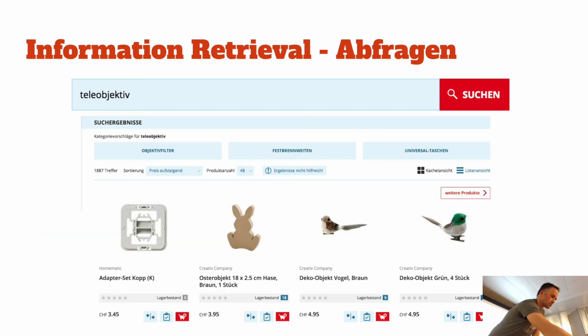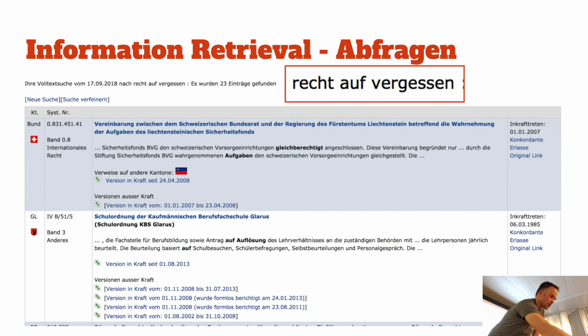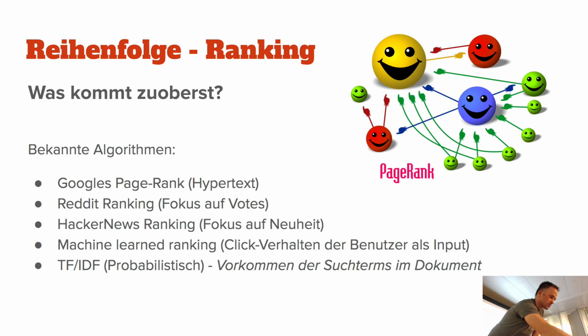And maybe I will fast forward to this here. I was mentioning the different ways you can measure the matching of the document with your query and define the ranking. You know some of them: Google works with the page rank, so the page that gets a lot of incoming links is deemed as more important.